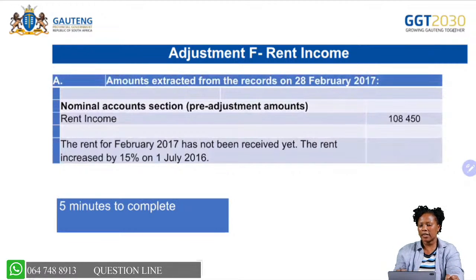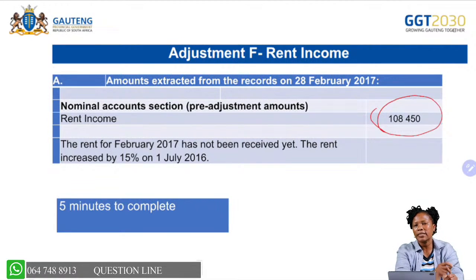And if you check, the total amount for rent is 108,450 rands. So we have not yet received the rent for 1 month. And we are told that an increase took place on the 1st of July 2016. So let us start working. Let us start doing the calculations. 2 minutes only.